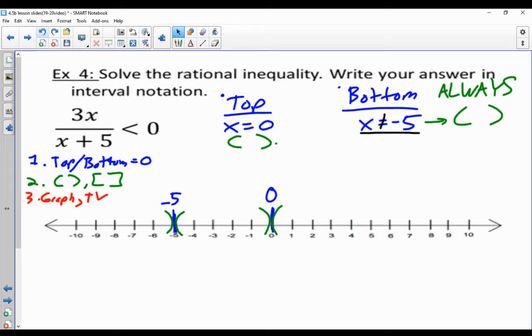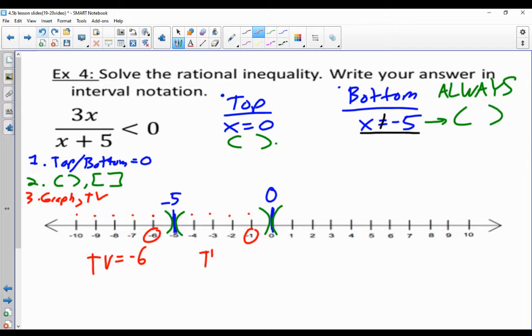We have our intervals. Now we can pick our test values. For the first interval, I can pick any of these numbers. I can't pick negative 5 because that's part of the blue border. I'm going to go ahead and pick negative 6 as my test value. For the second interval, I can pick negative 4, negative 3, negative 2, negative 1. I'm going to go ahead and pick negative 1 because that's easy to plug in.